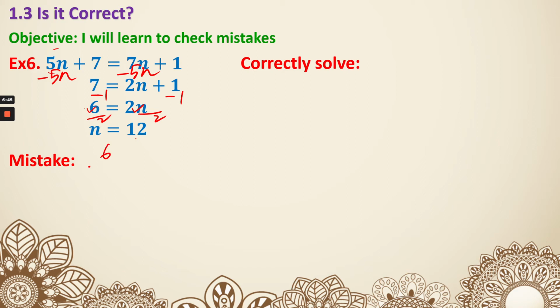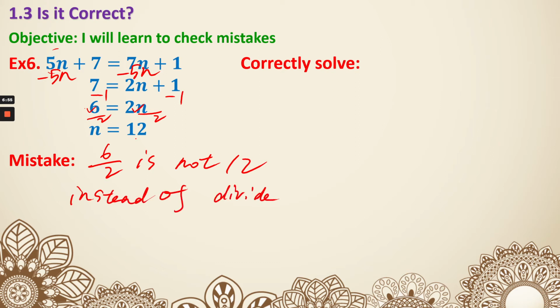So the mistake is 6 divided by 2 is not 12. Instead of dividing by 2, they multiplied by 2.